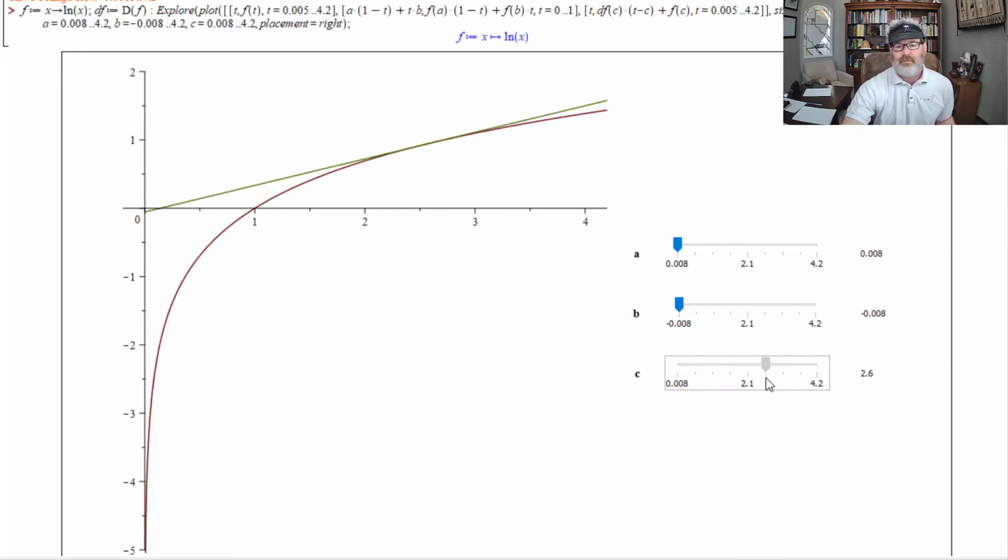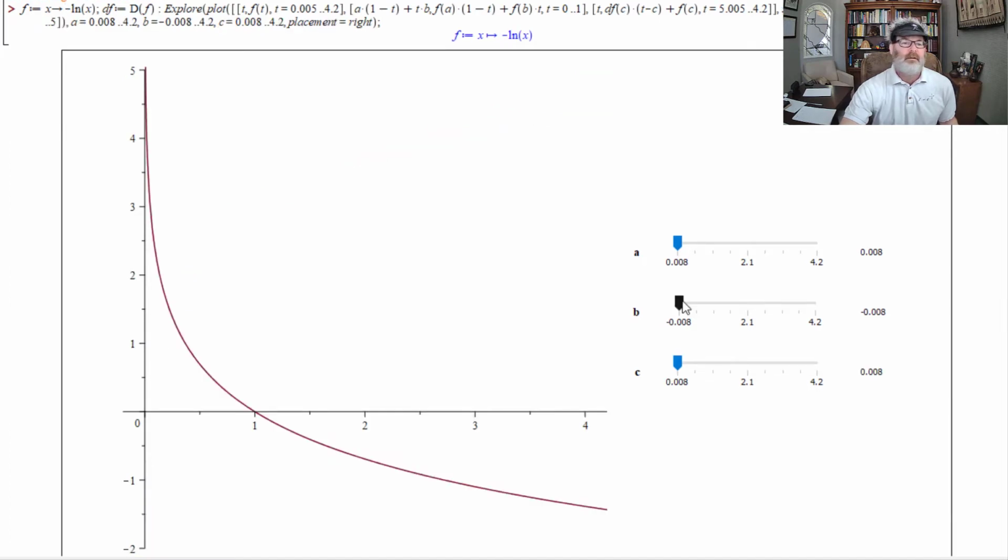Its second derivative will always be negative or 0. And another equivalent is the negative of the function is concave up or convex. So here's the negative of log x, and it is concave up or convex.